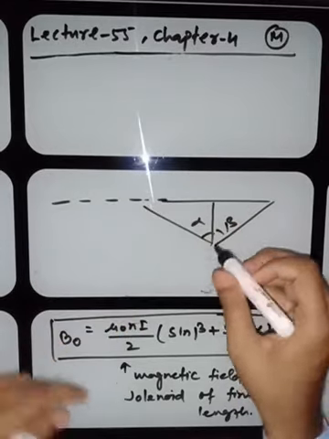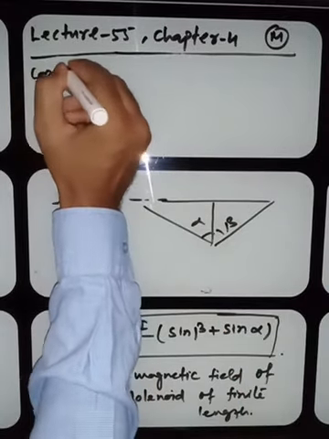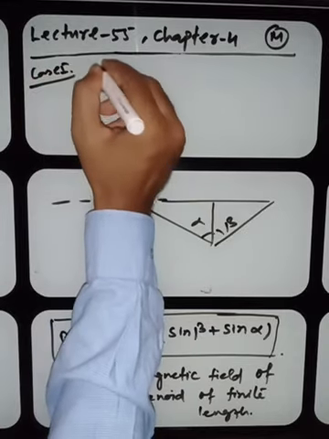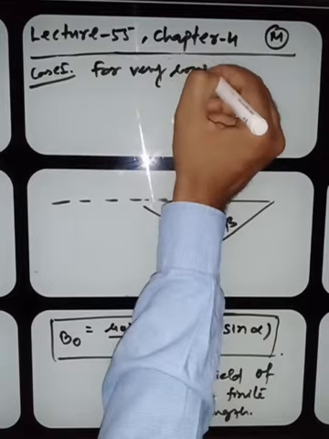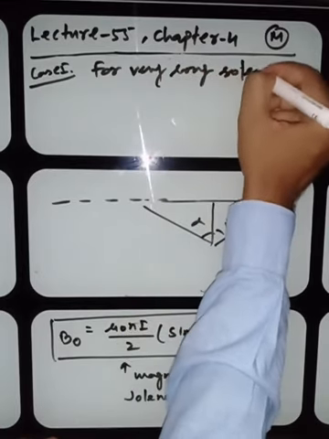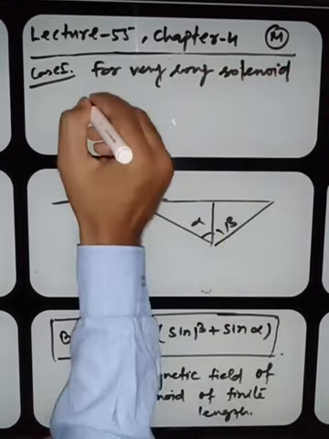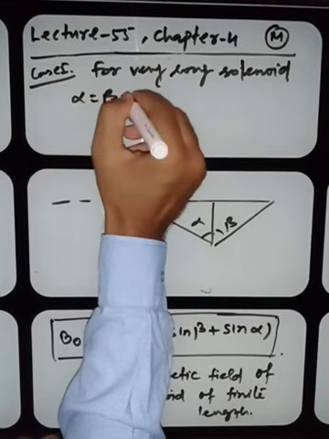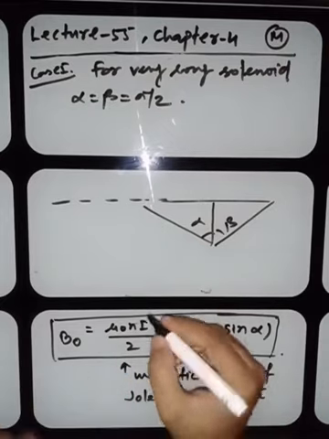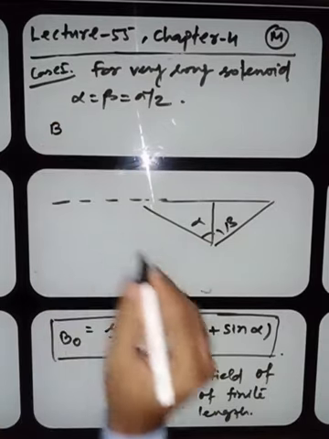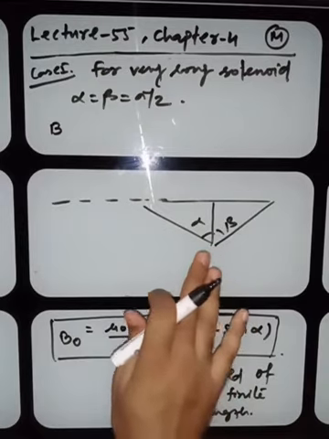It means for a very long solenoid, alpha will be equal to beta, which is equal to pi by 2. I hope you understand, my dear student. So we'll put this value for the infinitely long solenoid.